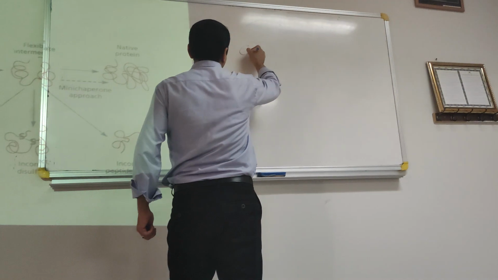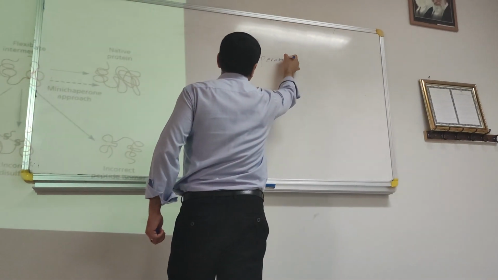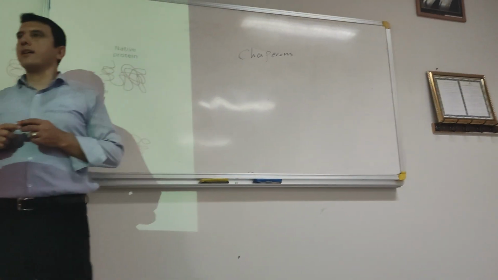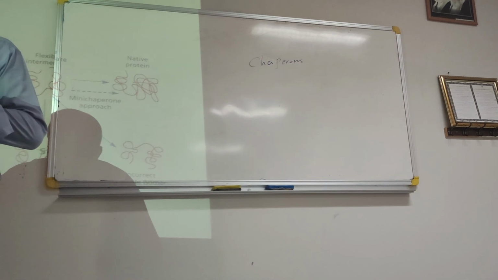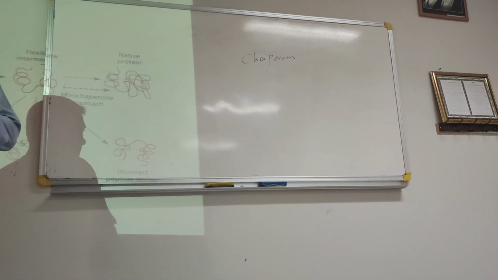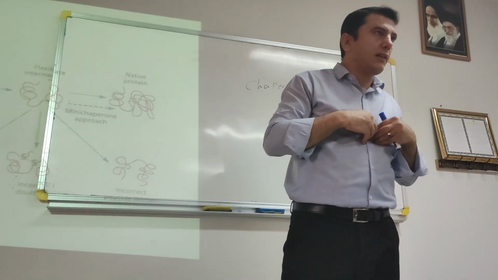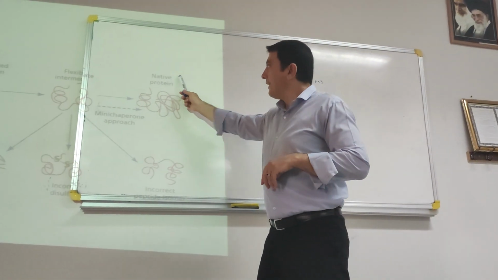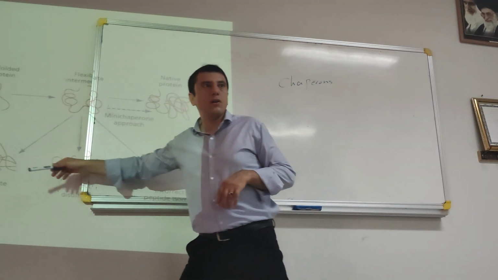One of the main helpers are chaperones. Please write it: chaperones. Chaperones are proteins that can help our cell to produce native proteins, not other shapes which are not good.